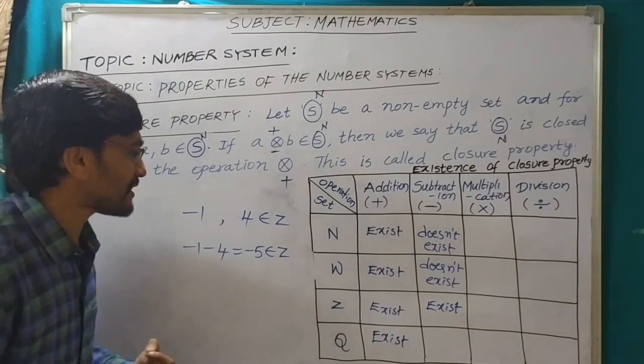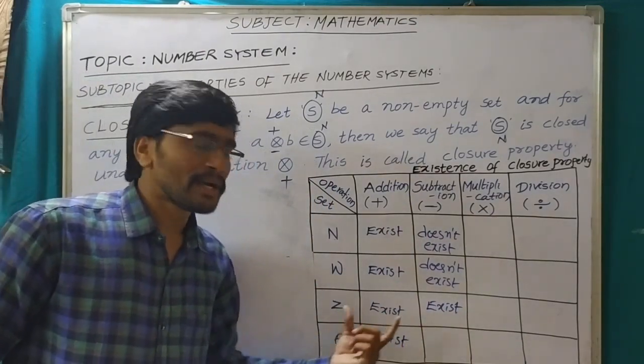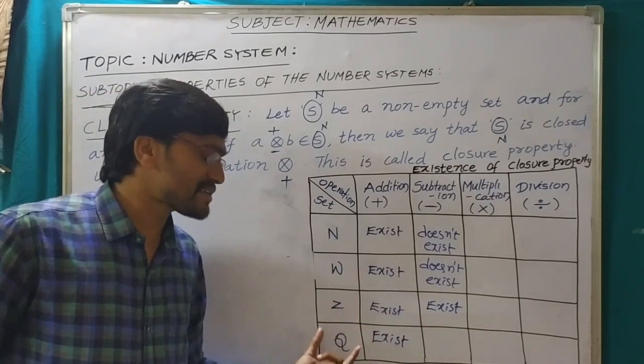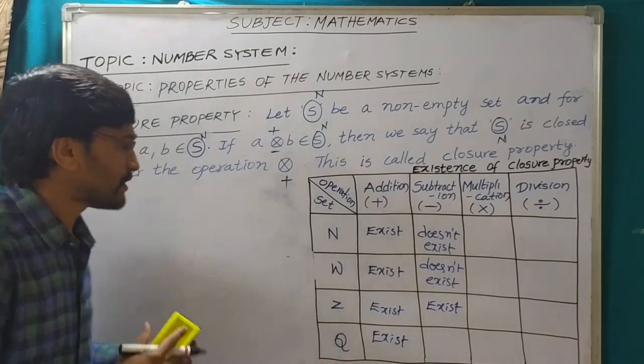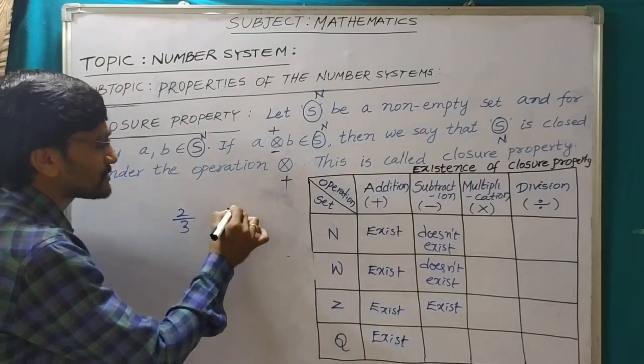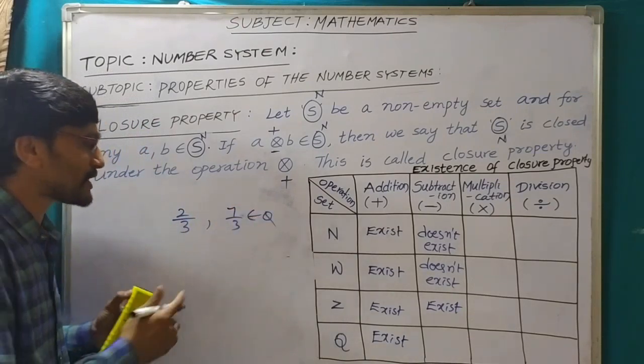Okay. Now take rational numbers. Simply we can say that since it exists for integers, it also exists for rational numbers, because every integer is also a rational number, right? See, take 2 by 3 and 7 by 3, two rational numbers.